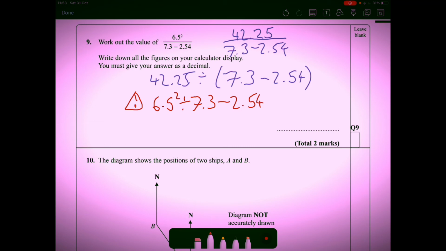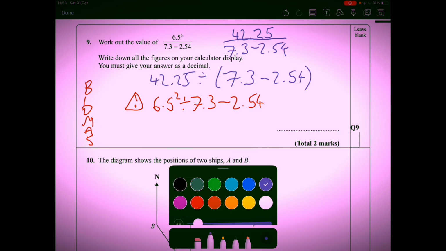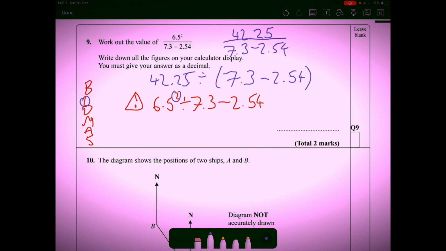Your calculator will work just like BIDMAS is supposed to. Your calculator won't do this wrong, you will be inputting it wrong. It will do the indices first, then it will do the divide, and then it will do the take away. So it will do effectively what that would look like, is this.